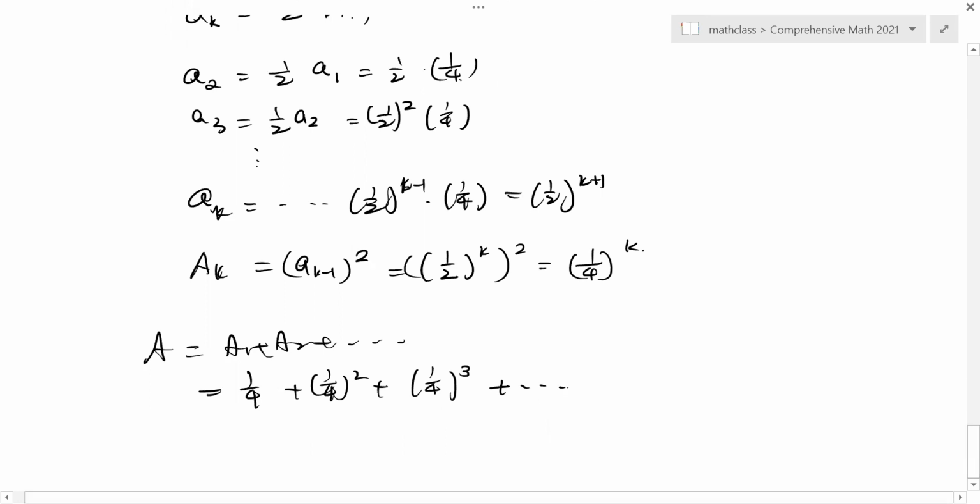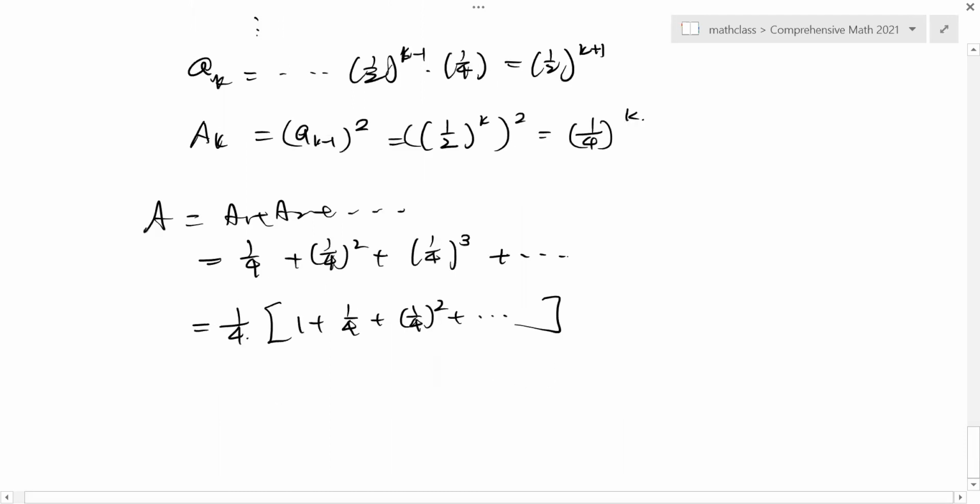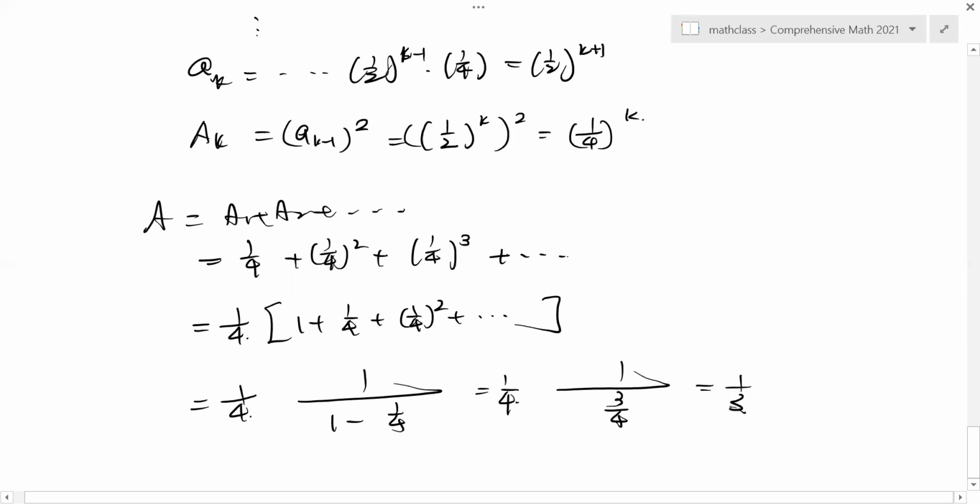Finally, you replace it with this number, and here's 3/4. After you simplify it, it's just 1/3. That's what I got. I'm not sure what you get.